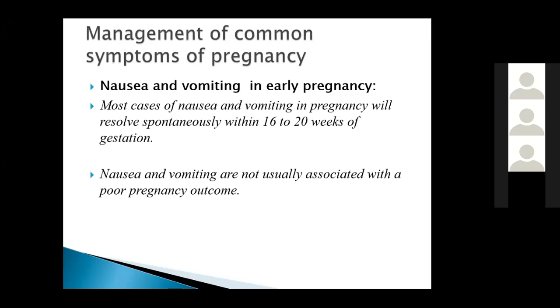But if she has a mild type, then we encourage her and inform her that it is one of the normal symptoms in pregnancy. Remember, nausea and vomiting are not usually associated with a poor pregnancy outcome. We can control such a problem even if she has the severe type.